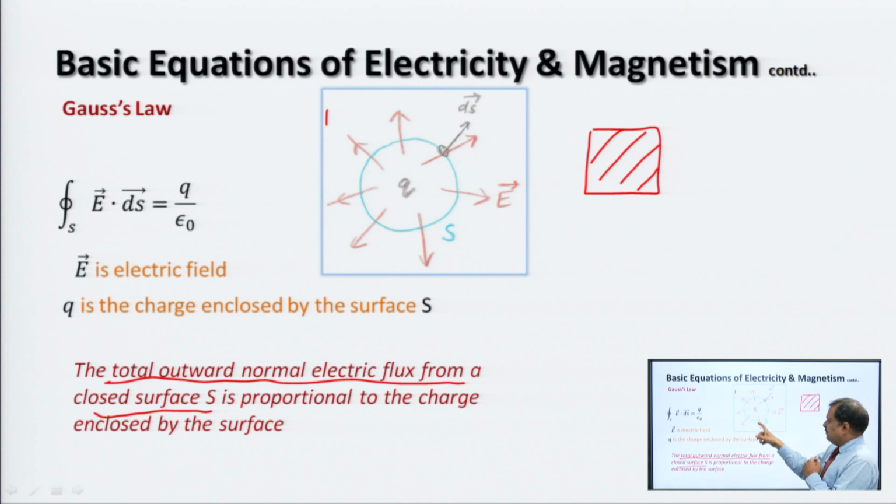So, this surface shown in blue color is a closed surface, and it is enclosing a charge q. The total outward normal electric flux from this closed surface can be evaluated by this integral, and this is proportional to the charge enclosed by the surface. This is Gauss's law.